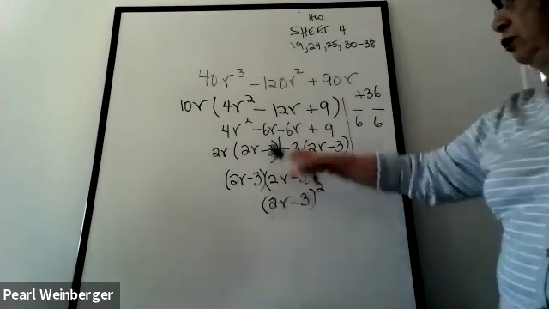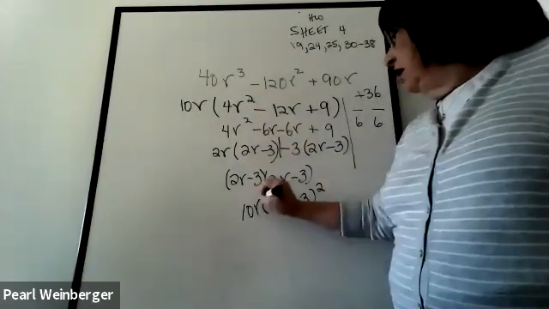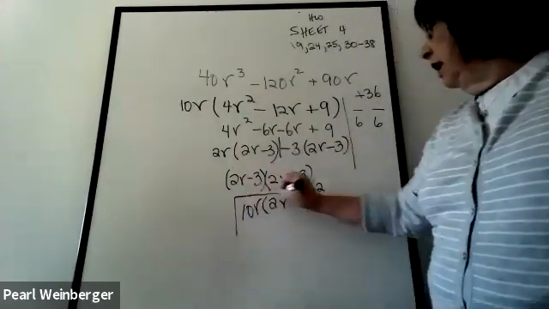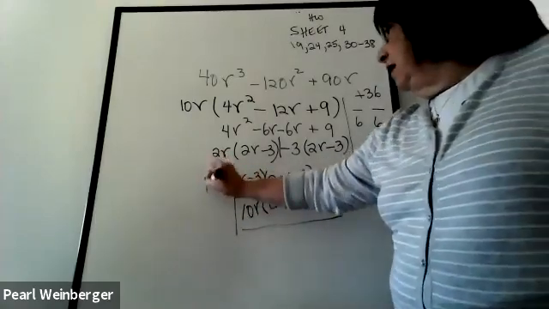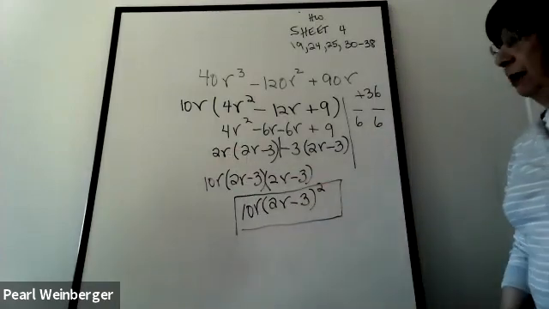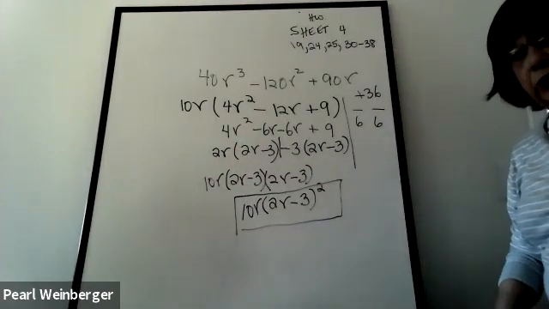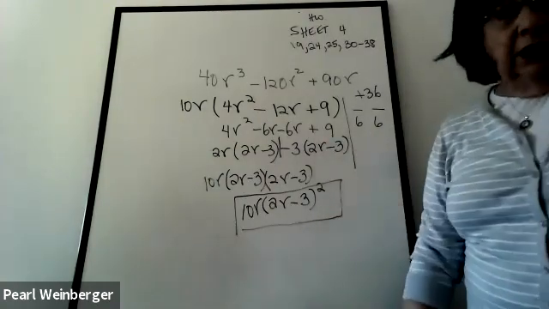It's a binomial squared. Don't forget there was a 10r on the outside. So this would be your correct answer. It would not be wrong to write it as 10r times 2r minus 3 and 2r minus 3. But probably on a multiple choice question, this would be the choice rather than this.